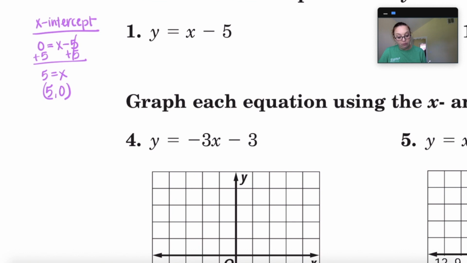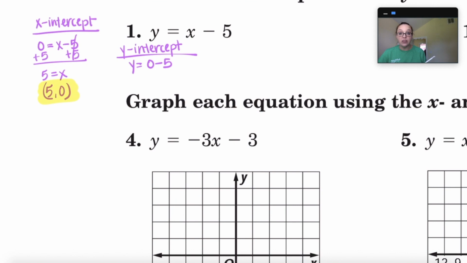Remember, the x-intercept is a point that is on the x-axis, and all points on the x-axis have y-coordinates of 0. Now let's find the y-intercept for this equation. Remember that the y-intercept is a point on the y-axis. All points that are on the y-axis have x-coordinates of 0. So this time I'm going to substitute a 0 in place of x.